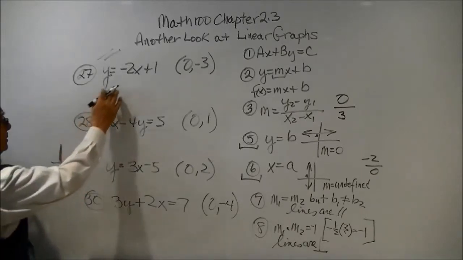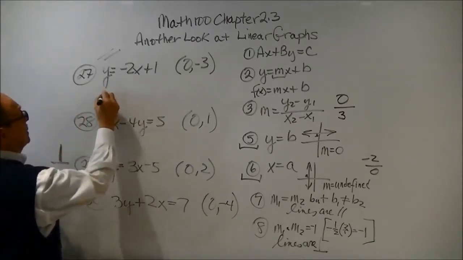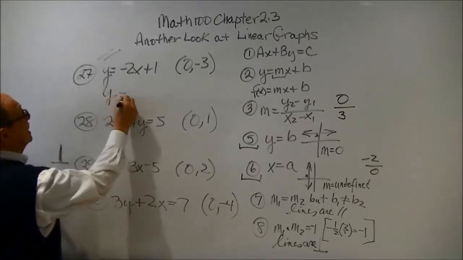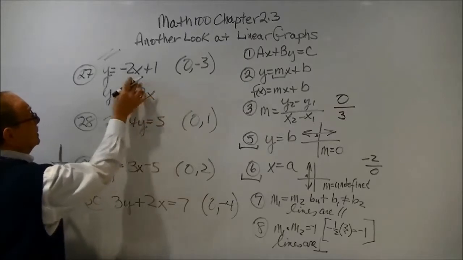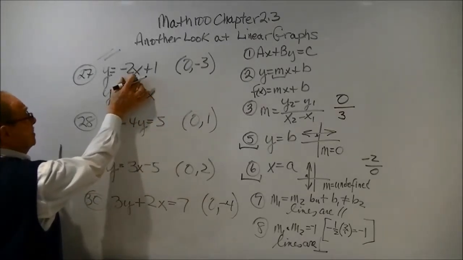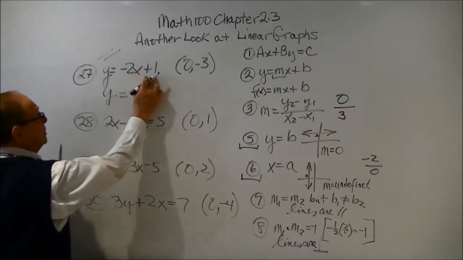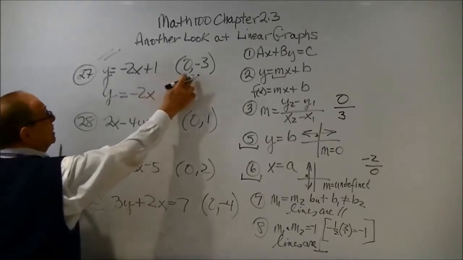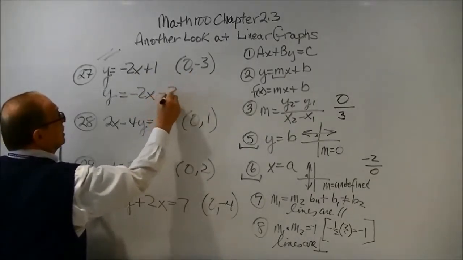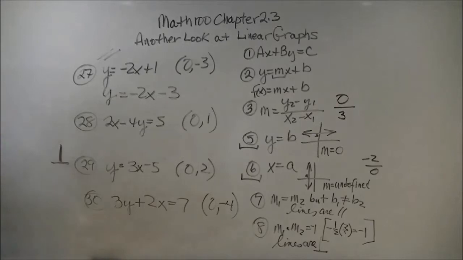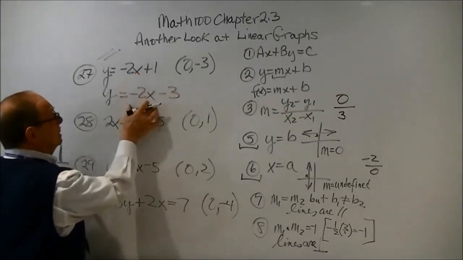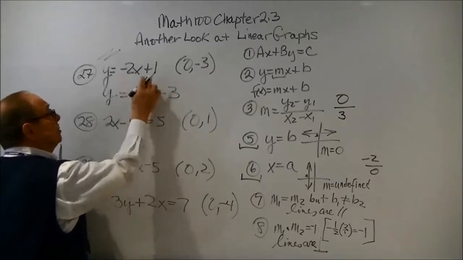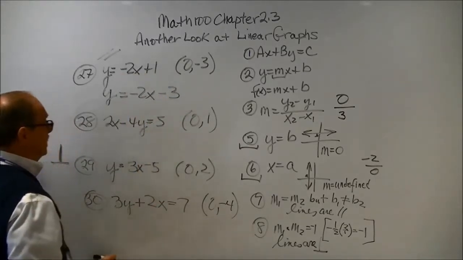So all we have to do here is say y equals negative 2x. So the slope stays the same. We just have to change the y-intercept. And this line is now parallel, same slope, different y-intercepts.